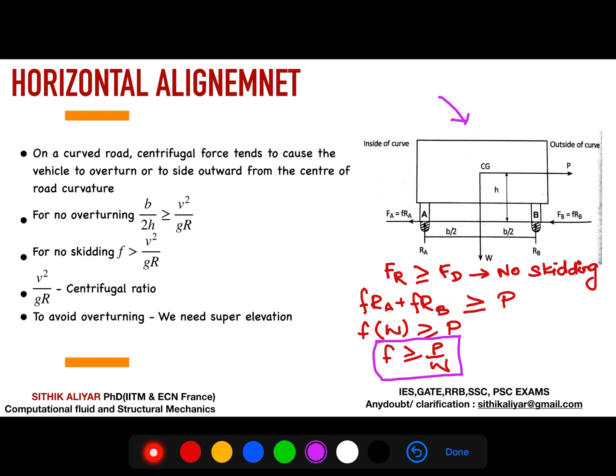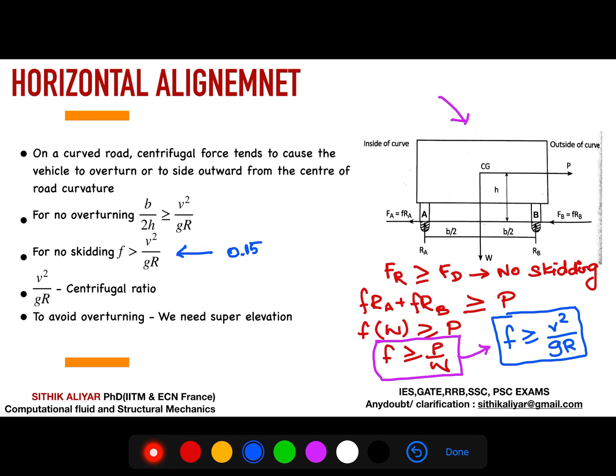So I hope you remember what P by W is. Just 2 minutes before, we discovered that it is nothing but V square by gR, correct? So again the same V square by gR is coming here. The coefficient of friction available in the road as per IRC is fixed at 0.15. They recommend you to use 0.15 or lesser as the maximum.